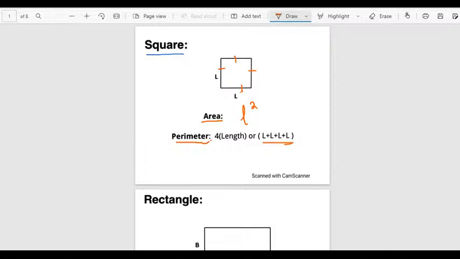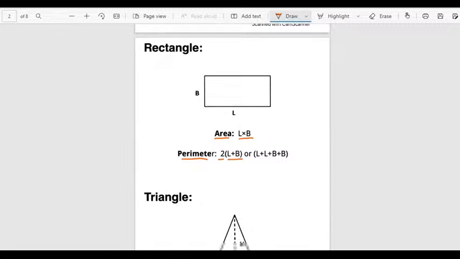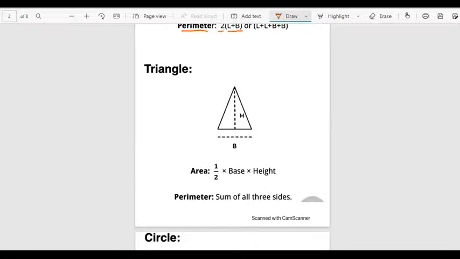Okay, that's simple. In case of a rectangle, in order to find the area, we do length into breadth. In order to find the perimeter, we do 2 multiplied by length plus breadth. Okay. Now, in case of a triangle, in order to find the area, we do 1 by 2 base into height. Okay. So we do this for such triangles, and even if we have something of this type, this is going to be a right angle triangle.